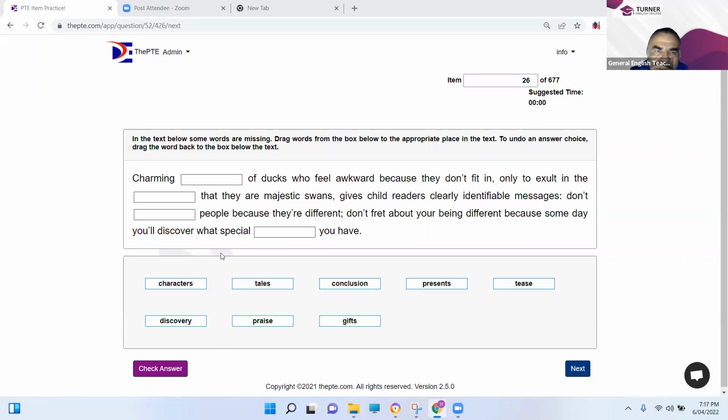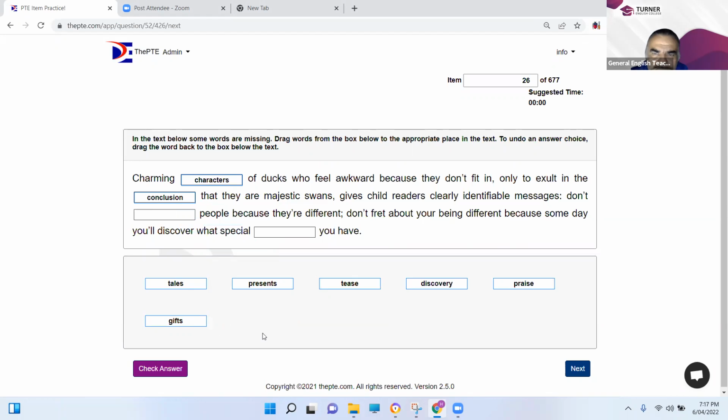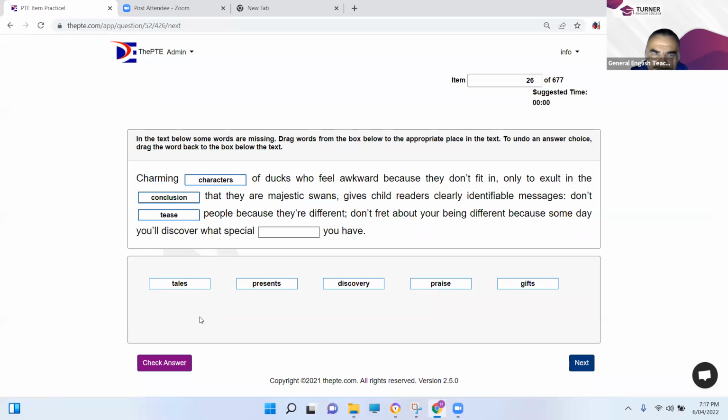Number one, charming characters. Number two, conclusions that they are majestic swans. Number three, don't tease people because... Number four, what special gifts you have.